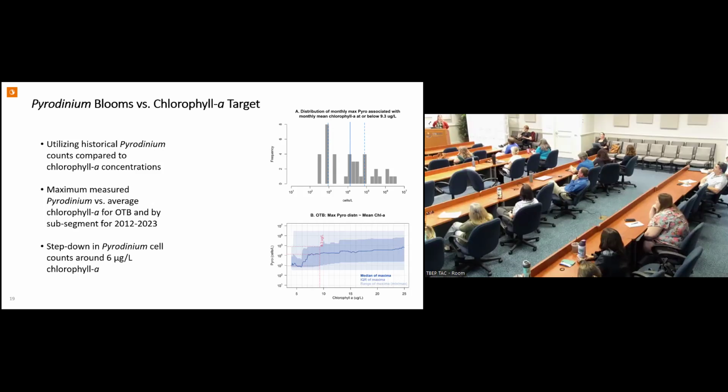Yeah, and I think the next thing is we're showing already that we're not meeting the chlorophyll threshold in Old Tampa Bay regularly. So the question is, can we manage towards a particular chlorophyll endpoint that would produce related ecological benefits?